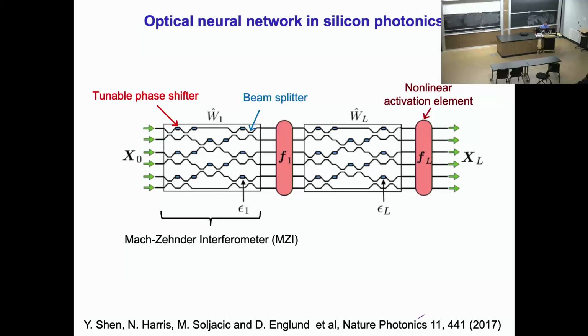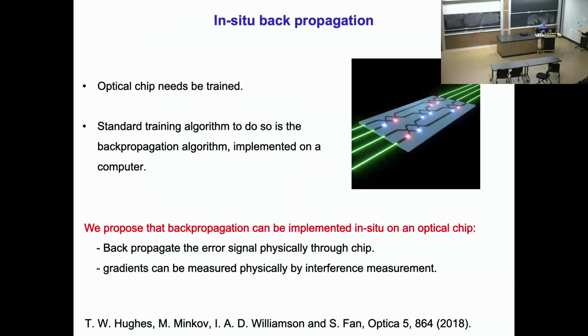Okay. So motivated by this, what I would like to show here is an alternative way to do it. This is what we call in situ backpropagation. In essence, what we're trying to do is to train the physical device physically without building a computer model.